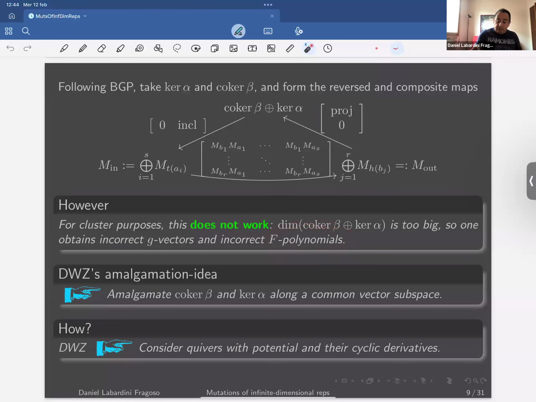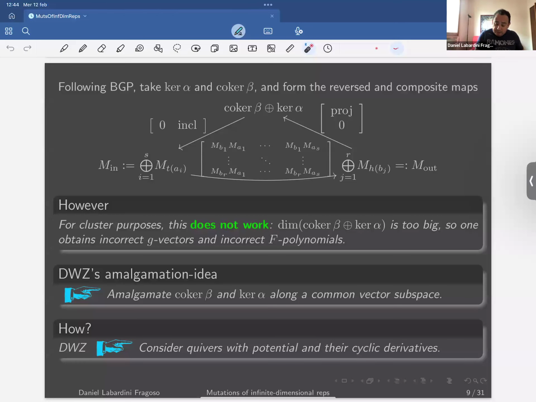And the point is, if one tries to define a mutation of representations following Bernstein-Gelfand-Ponomarev just naively, let's say the injective G-vector of the representation one obtains does not behave like the G-vector of the cluster variables in the corresponding cluster algebra.